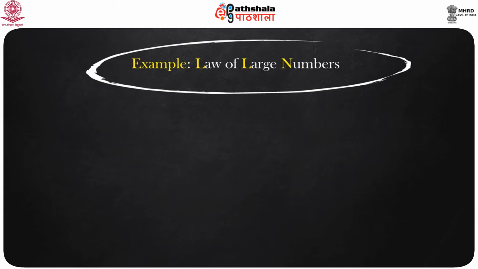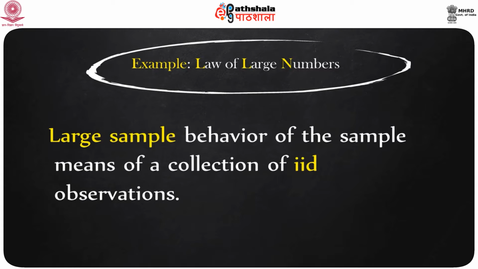So, what does the law of large numbers say? It primarily gives us the large sample behavior of sample means of a collection of IID observations. To be more specific, suppose we flip a coin and calculate the average of the results of these n experiments, which can be X n bar.